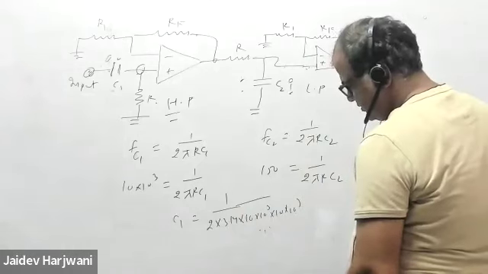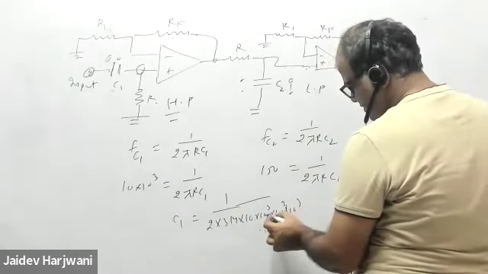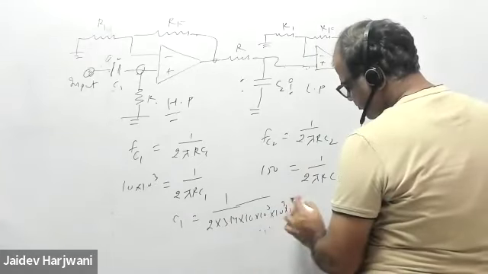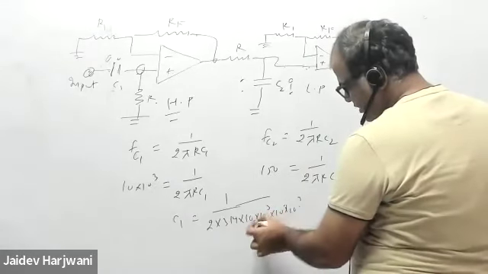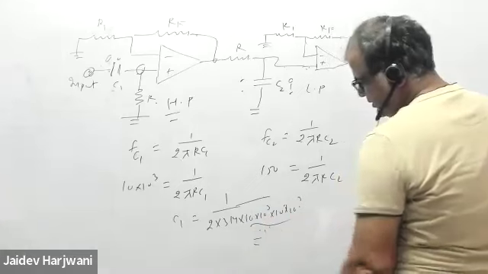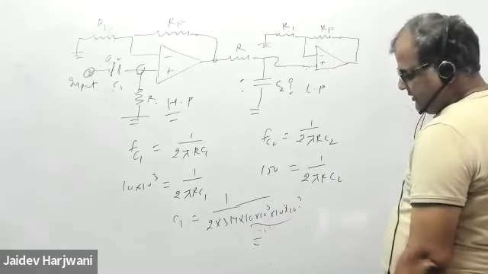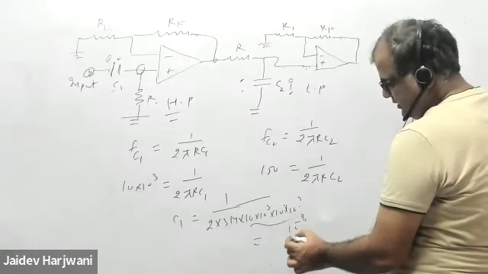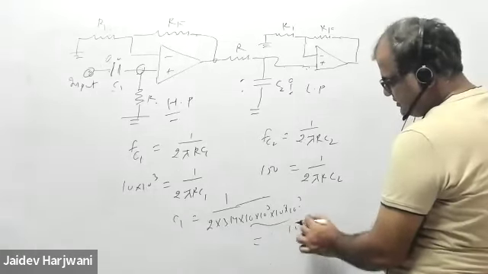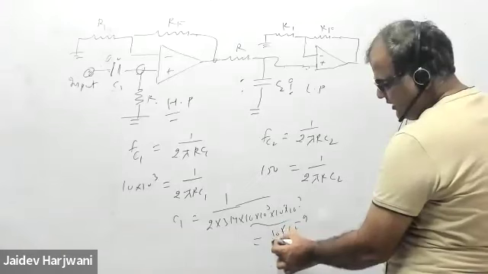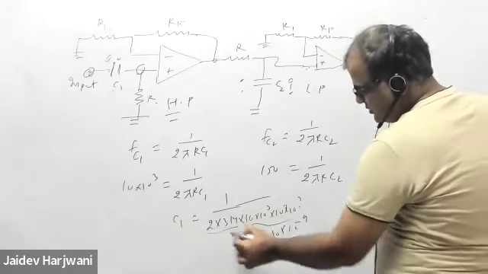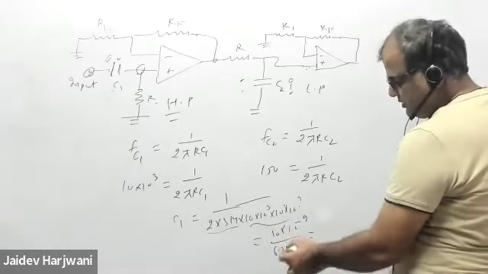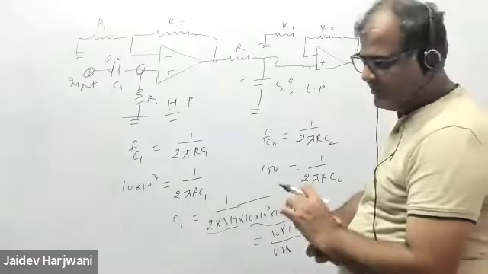Okay, so how much is this? 10 to the power 8. If I multiply by 10, this becomes 10 to the power minus 10 into 10 divided by 6.28. Tell me how much will come? 10 divided by 6.28, how much?